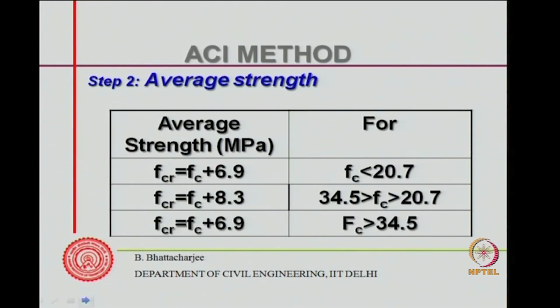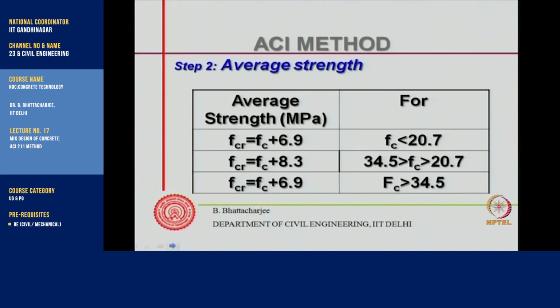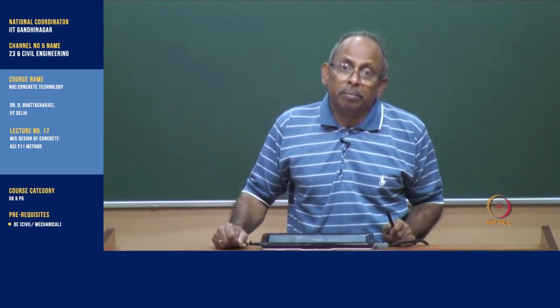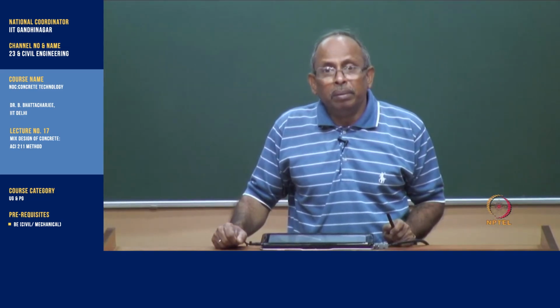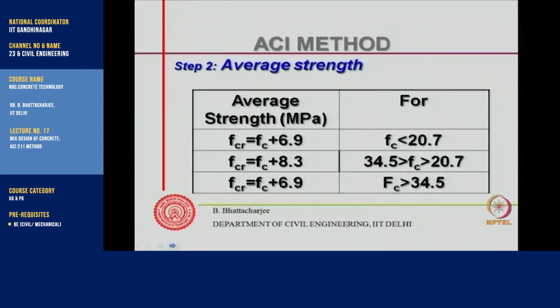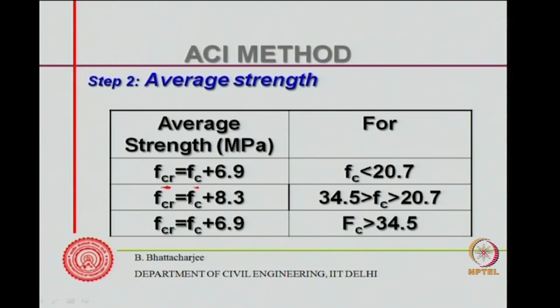First of all, it says that from 30 consecutive results you can determine the standard deviation, and if it is not available, then you take the average strength FCR as FC plus 6.9, when the characteristic cylinder strength is less than 20.7.